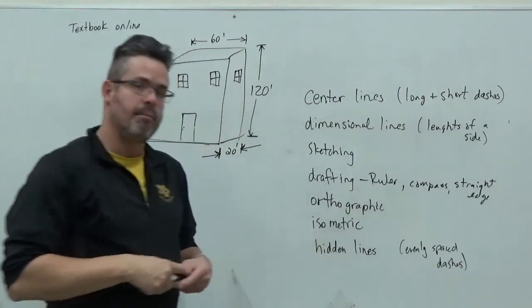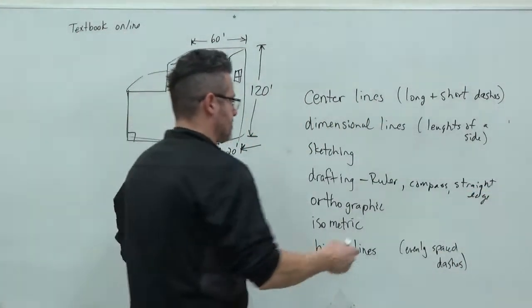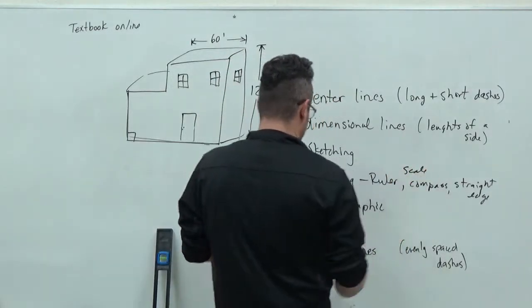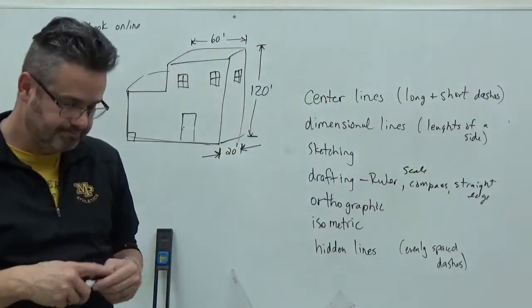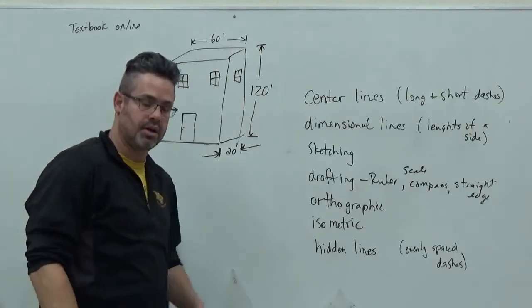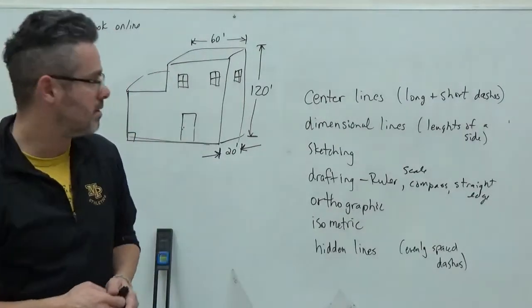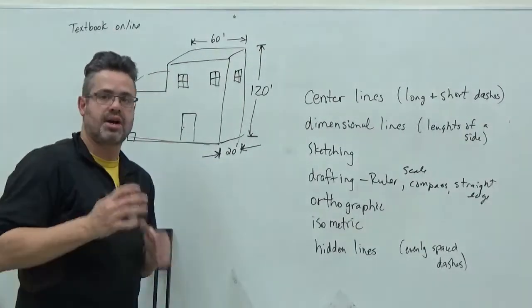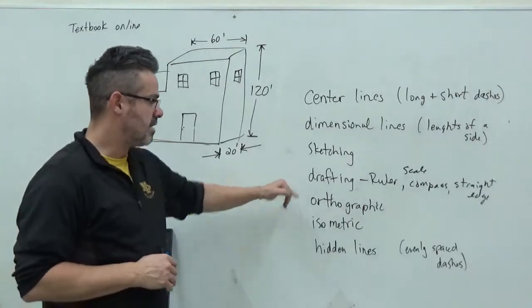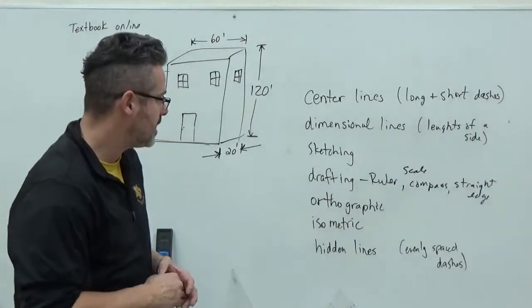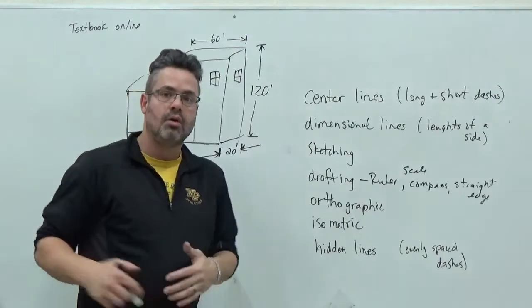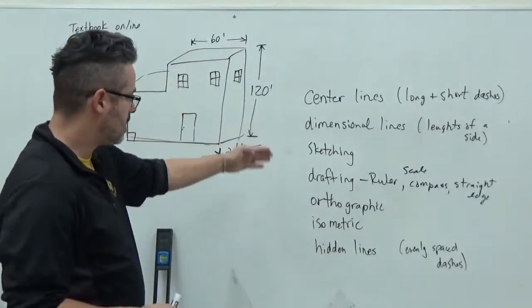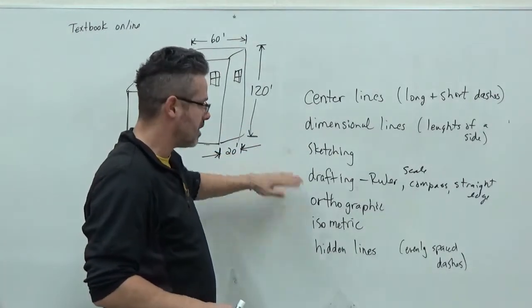You're going to measure out accurately. You're going to have a scale to it. Sketching has none of those. So sketching is what we do on a scrap piece of paper or on a whiteboard, where we just try to come up with ideas. And drafting is producing that good copy. So you're going to be asked to do both of these items within some of the questions here. Rough copy, good copy.